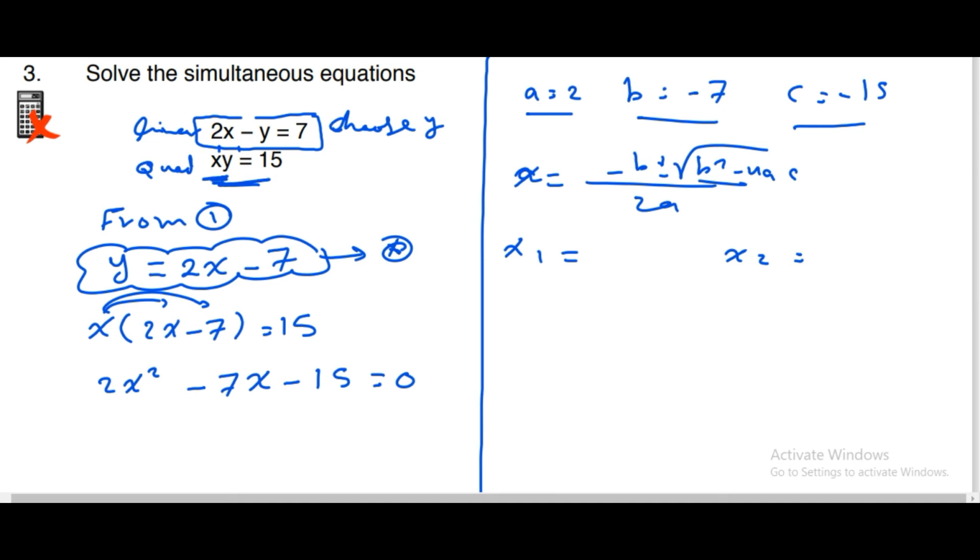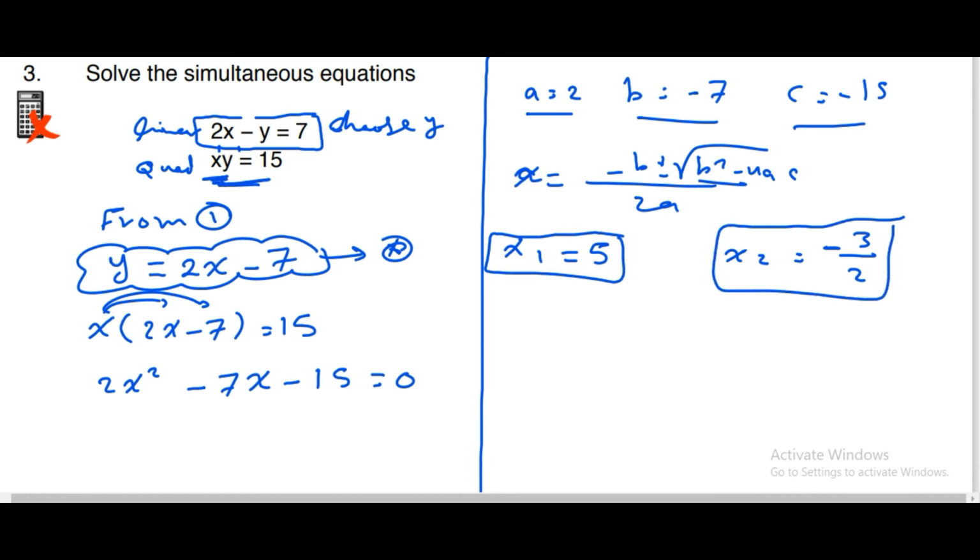We'll put the numbers in the calculator. The first number equals 5, the second one equals negative 3 over 2. These are the first and second values of x. So we use equation star to find the corresponding values of y.